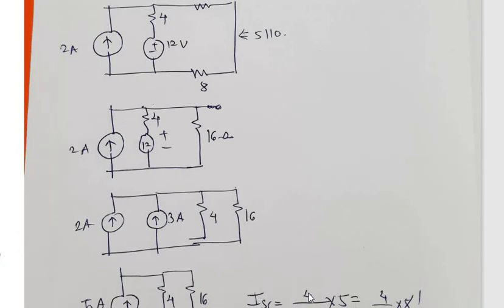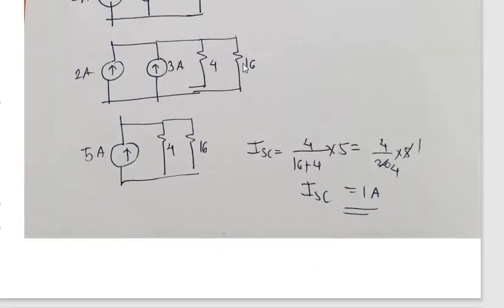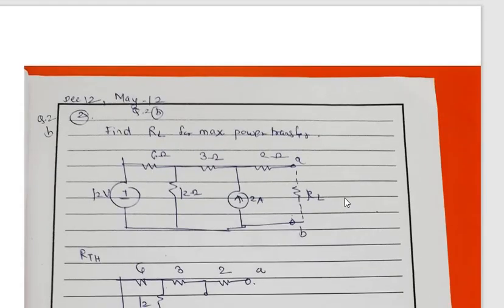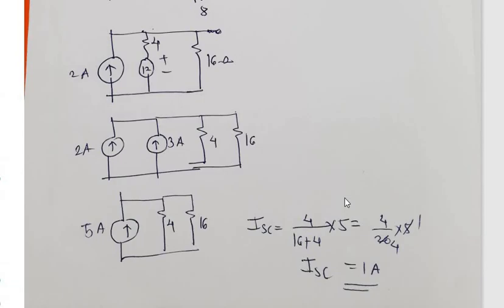Now the short circuit current will be, by current division, the other resistor 4 divided by 16 plus 4, into 5. That is 4 divided by 20, into 5, which is 1. The short circuit current will be 1 ampere. So this is Norton's equivalent.